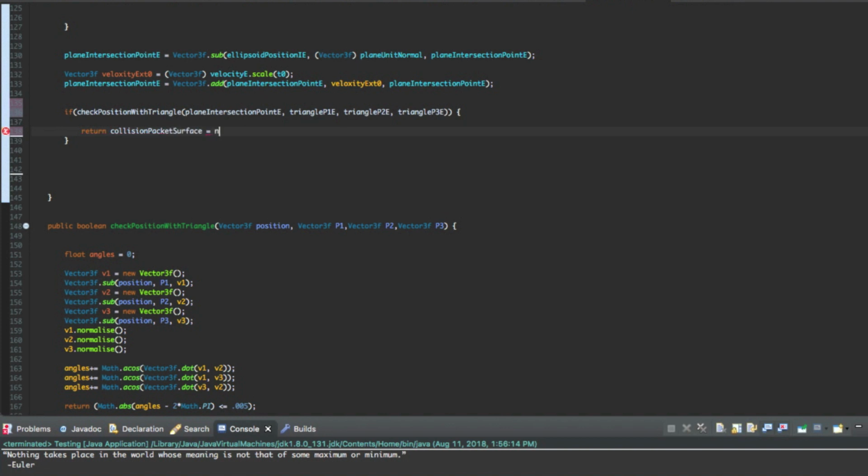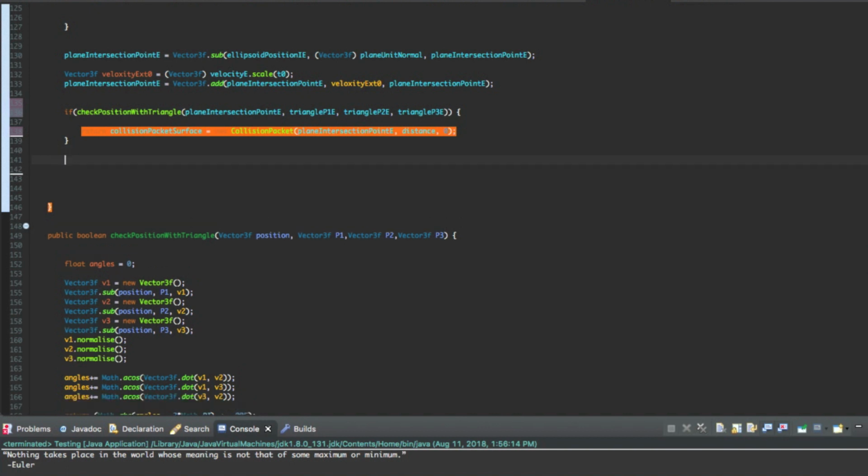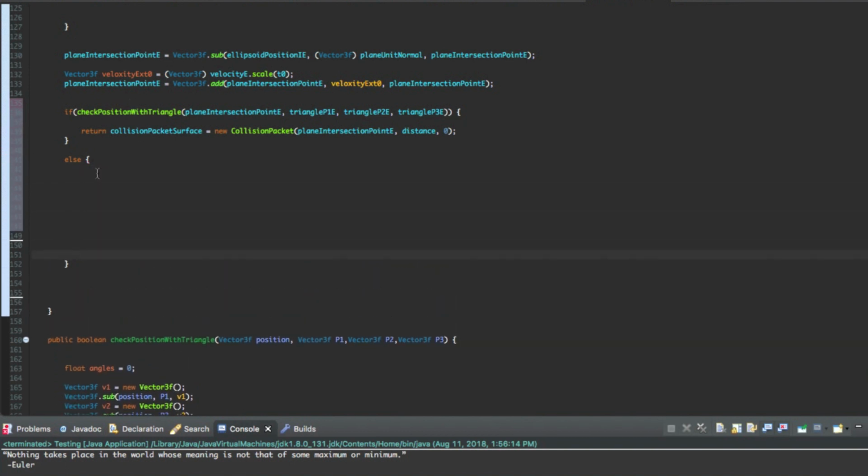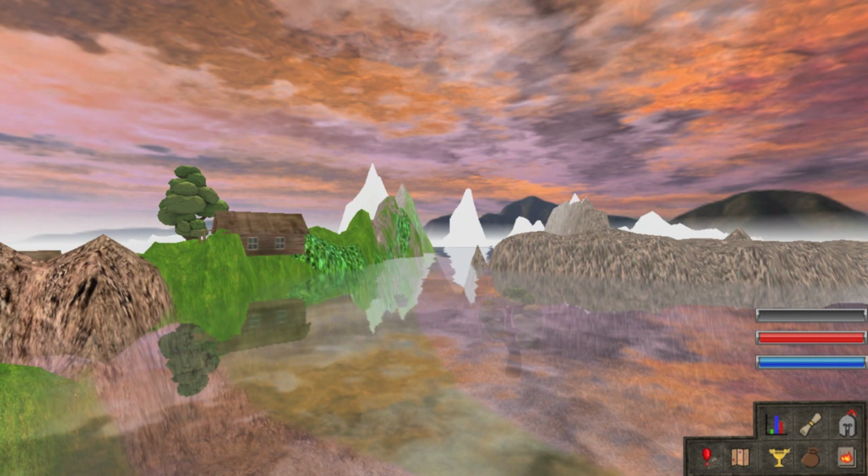Collision packet surface is equal to new collision packet, and we can return the collision position, which is equal to the plane intersection point E, and the collision distance, which is simply the sign distance, and the type, which is 0. And I actually commented that differently, but we're not going to return a null collision packet, so I'll use 0 for the surface collision.